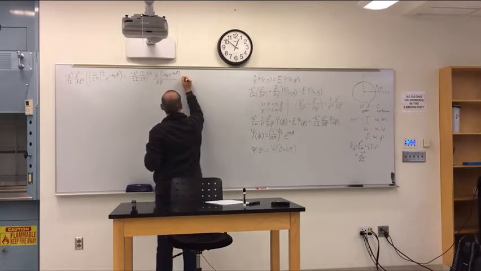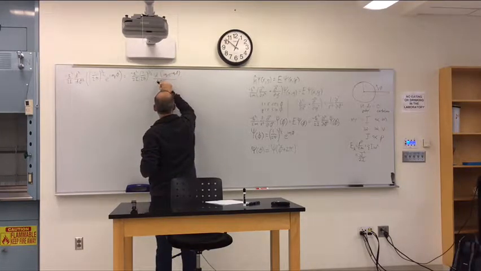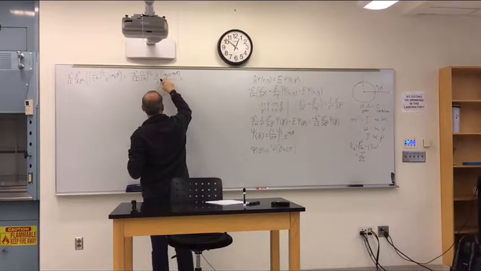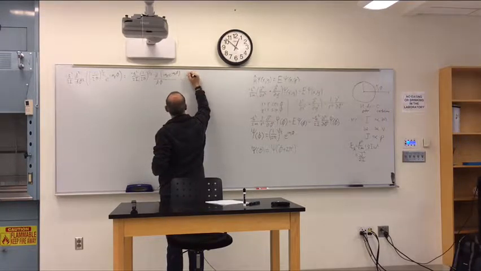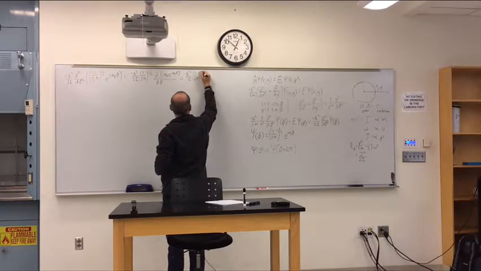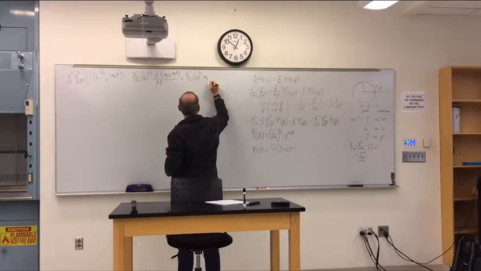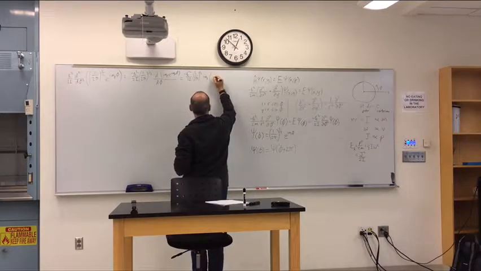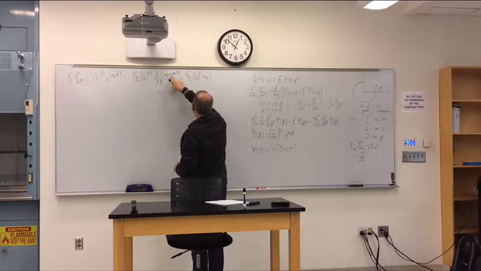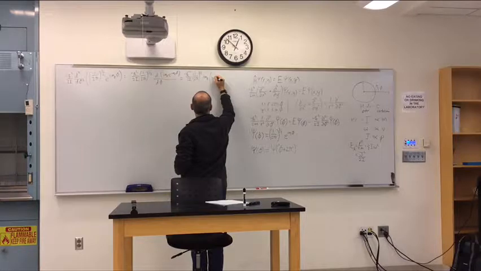Take that second derivative, take it again. This i m l is a constant, so it can come out: minus h bar squared over 2I, 1 over 2 pi to the 1/2, i m l. And then here would be the second derivative, the derivative of e to the i m l phi again, which would be i m l e to the i m l phi.